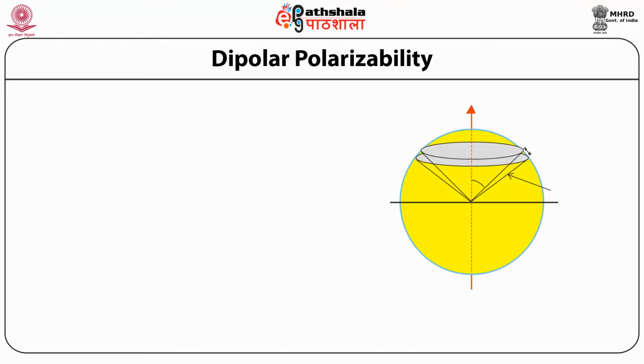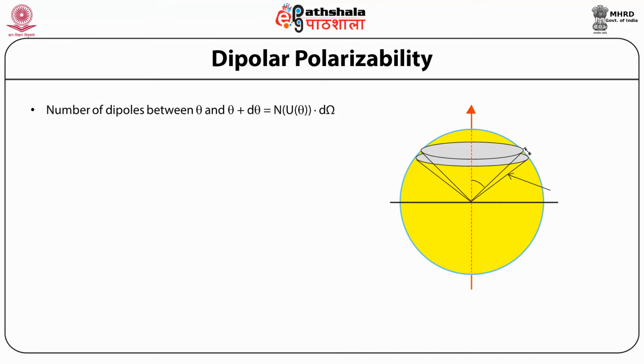Now the above equation, which we have discussed in the previous slide, provides us the number of dipoles in a cone. Now we should calculate the component of dipole moment parallel to the applied field using the solid angle, that is d omega, for a unit sphere in a segment between theta and theta plus d theta.